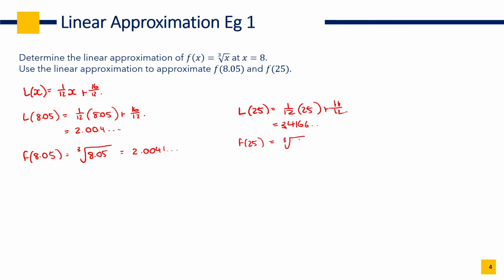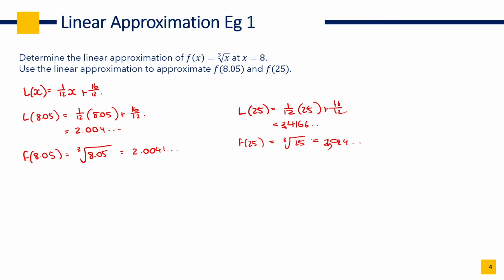And now let's look at the function at 25. So it's the cube root of 25. What is that going to give us? So we're going to say 25 cube root, and that gives us 2.924, etc. So you can see the difference here is quite drastic.